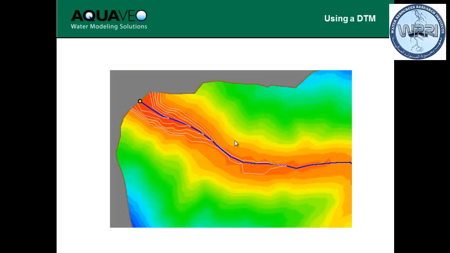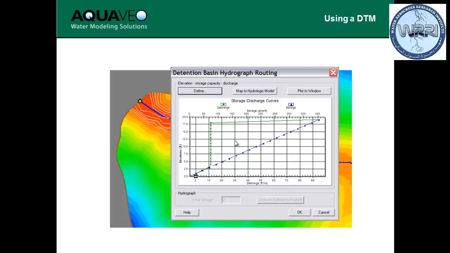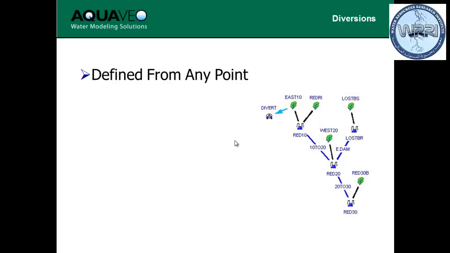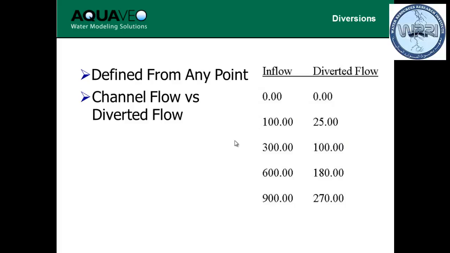If I use a DEM, WMS uses the contours of the DEM or TIN to get my detention basin elevation versus storage curve. For diversions, I define how much goes into the diversion for the different outflows, depending on how much is going into the diversion.